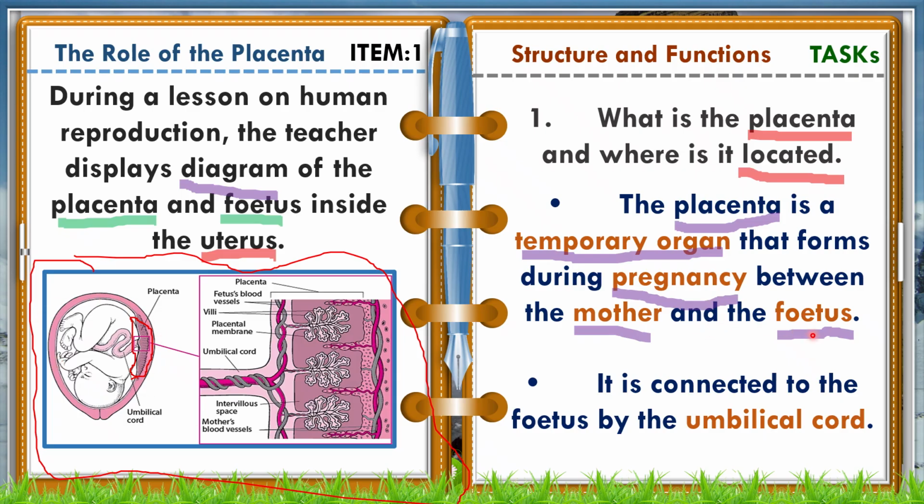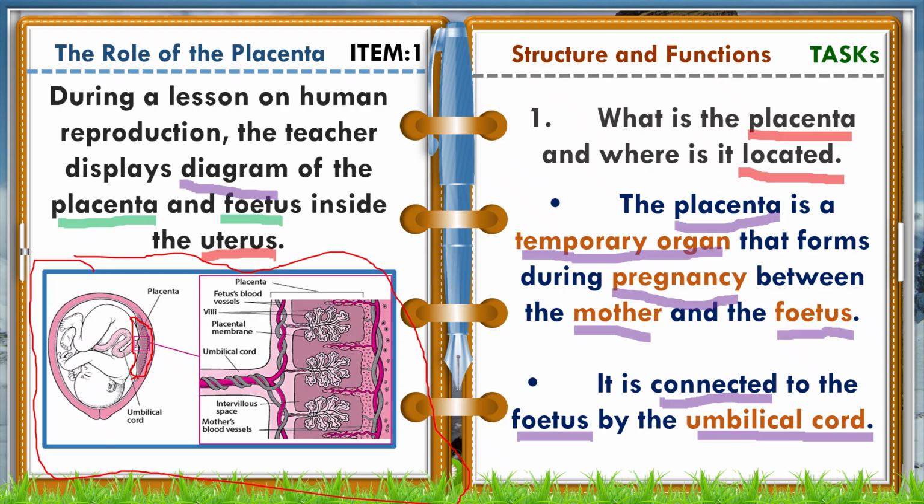And the fetus is the growing baby inside the uterus. So the connection between the mother and the developing fetus is that organ which we call the placenta. I hope you have understood it. We say here that it connects to the fetus by the umbilical cord.